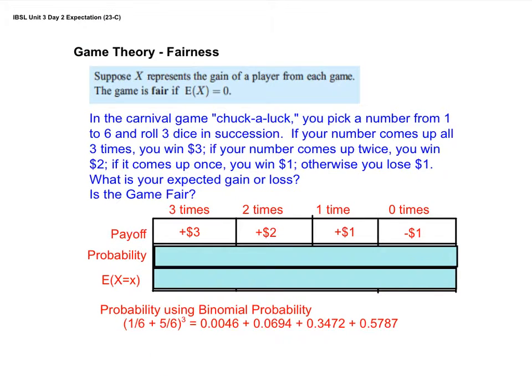Let's look at how we apply this. Okay? How do we apply this to game theory? Game theory can tell us whether or not a situation is fair.